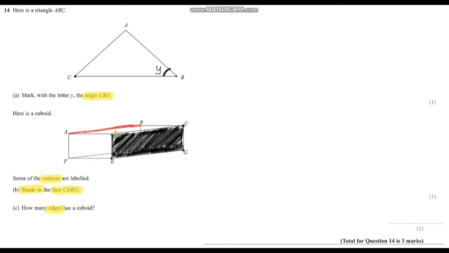So we've got 1, 2, 3, 4, 5, 6, 7, 8, 9, but we've got the ones that we can't see as well. So 10 down here, 11 across here, and then we've got one more here, which brings us to a total of 12. So that is our answer, 12 edges.